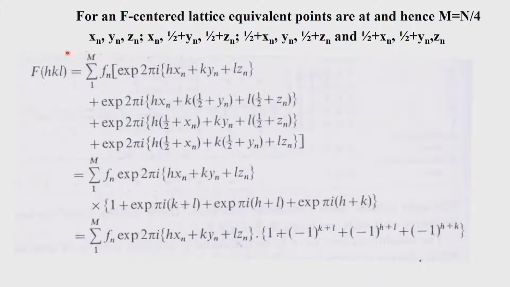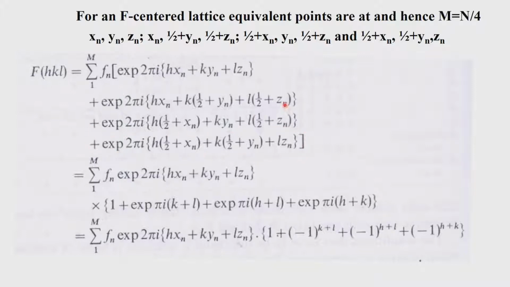So F of HKL is now the sum over 1 to m of the general expression f of n exponential 2 pi i (H xn plus K yn plus L zn), and then to this we have to add the centering of each one of them. This represents the A centered part, this represents the B centered part, and this represents the C centered part.